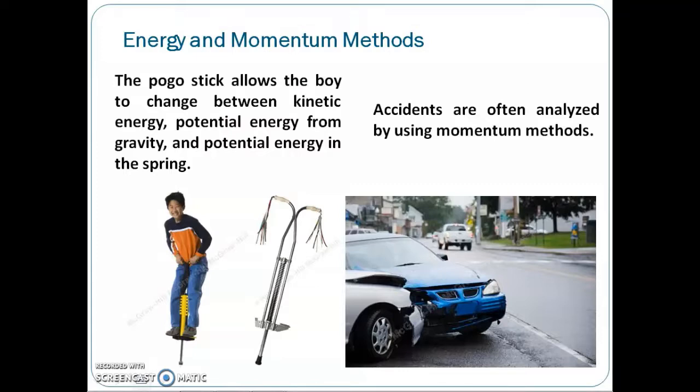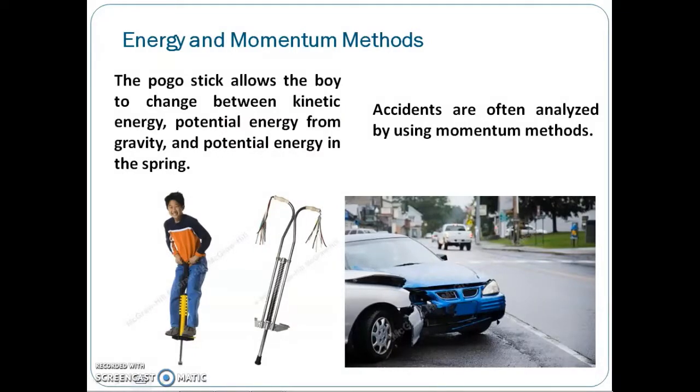If you want to analyze car accidents, usually it is analyzed by using impulse or momentum methods. When you have a car crash, that basically creates an impulsive motion over a very short time period, where these impulse or momentum methods become very useful to analyze the motions related to these vehicles.